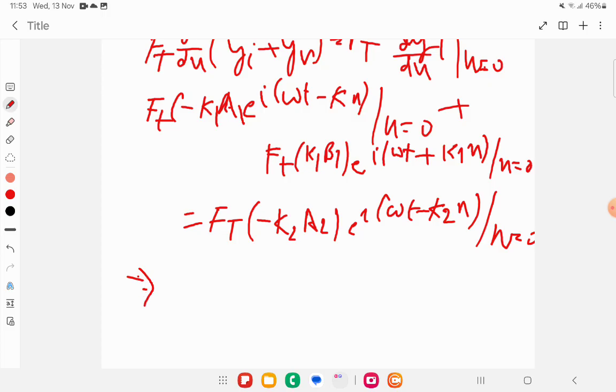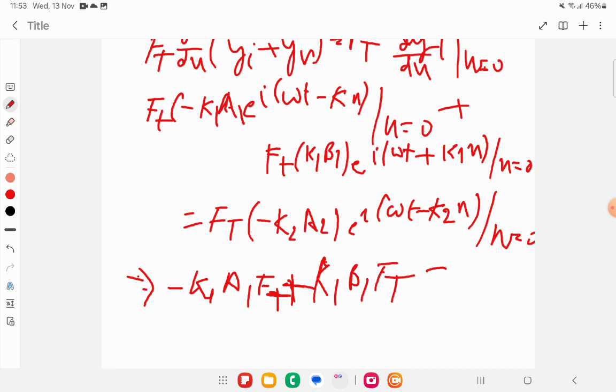Now minus k1 A1 Ft plus k1 B1 Ft is equal to minus k2 A2 Ft.